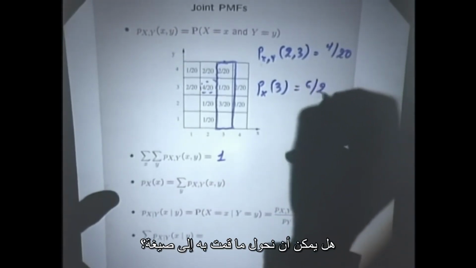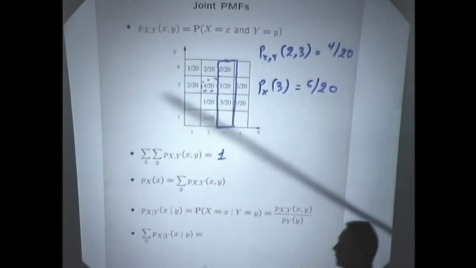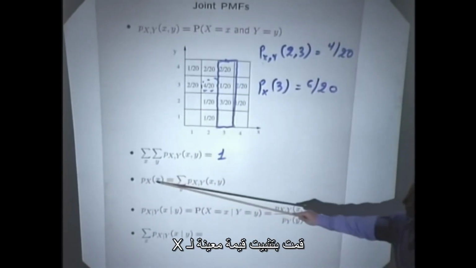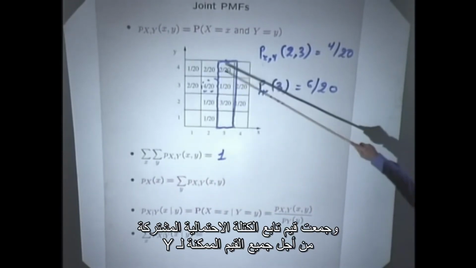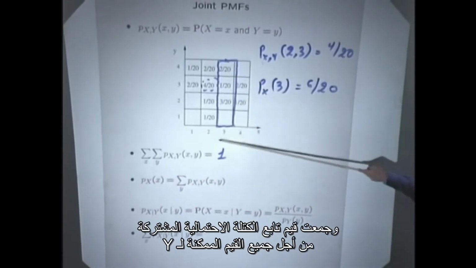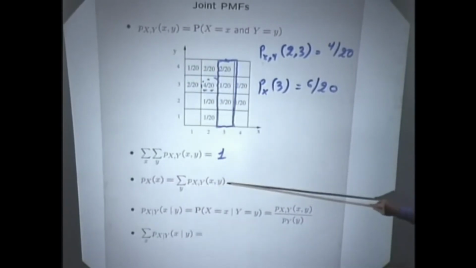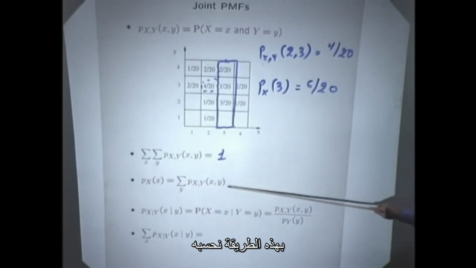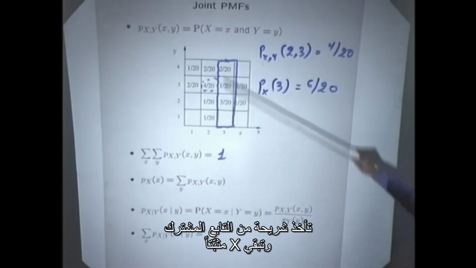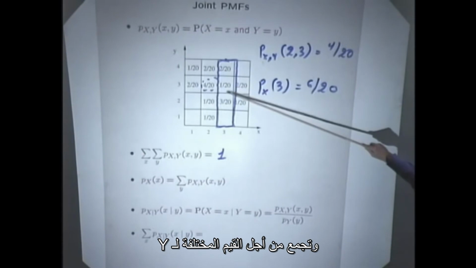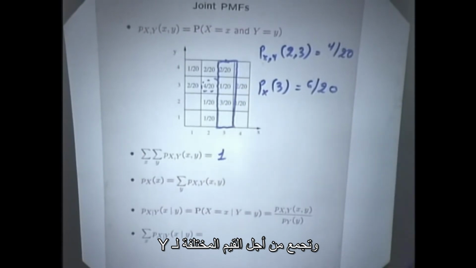What I just did, can we translate it to a formula? What did I do? I fixed a particular value of x, and I added up the values of the joint PMF over all the possible values of y. So that's how you do it. You take one slice of the joint, keeping x fixed, and add up over the different values of y.